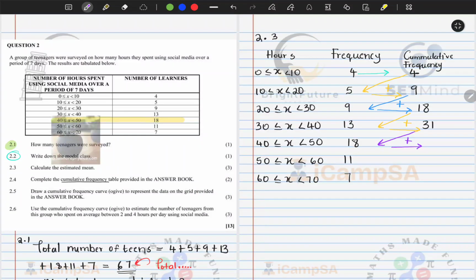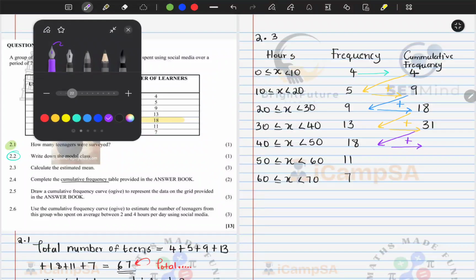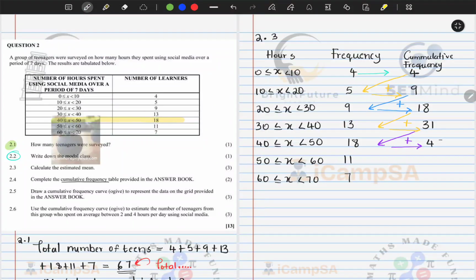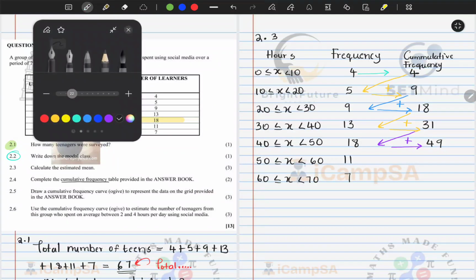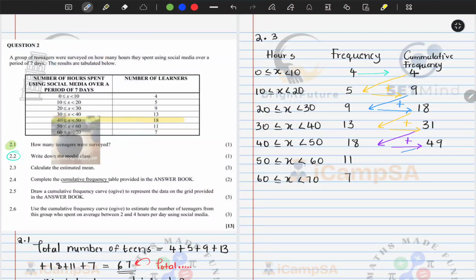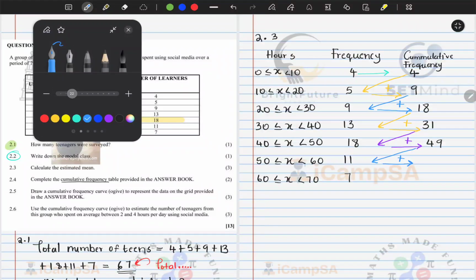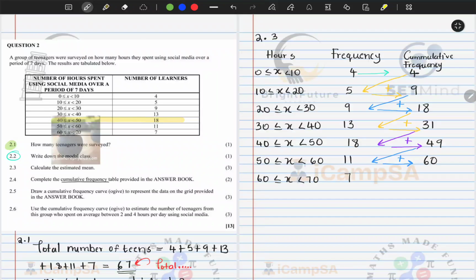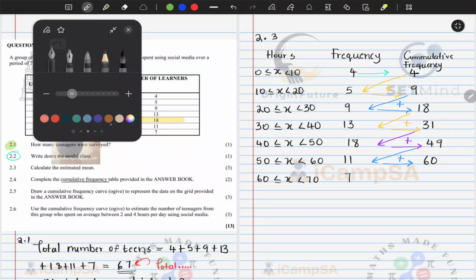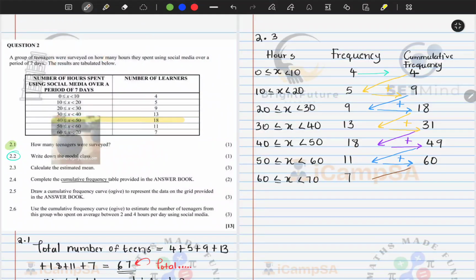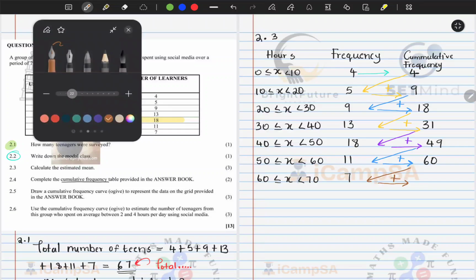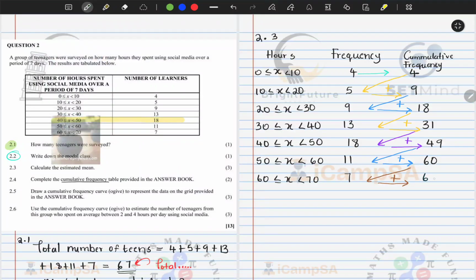You say 31 plus 18, and you end up getting 49. Then you take the 49 and add the 11, so it becomes 49 plus 11, which is 60. And the last term, you take the 60, you add the 7, so you have 60 plus 7, that becomes 67.